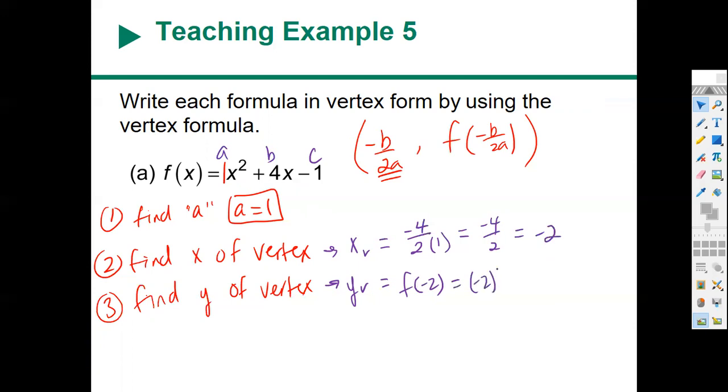So that gives me negative 2 squared plus 4 times negative 2 minus 1. That gives me 4 minus 8 minus 1, which equals negative 4 minus 1, which is negative 5.